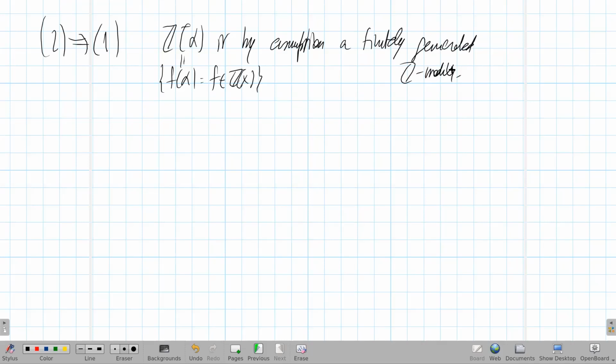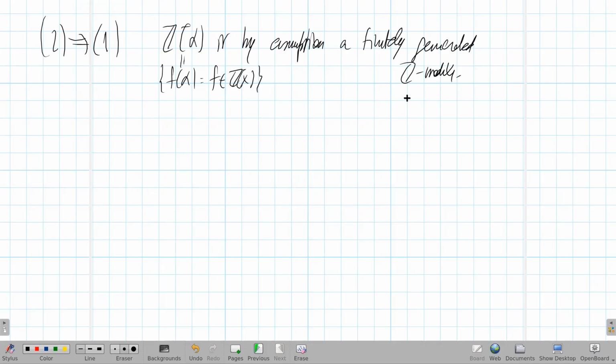Now there is a lemma in the notes that you have probably seen in courses like commutative algebra, but otherwise you can see it in my notes.